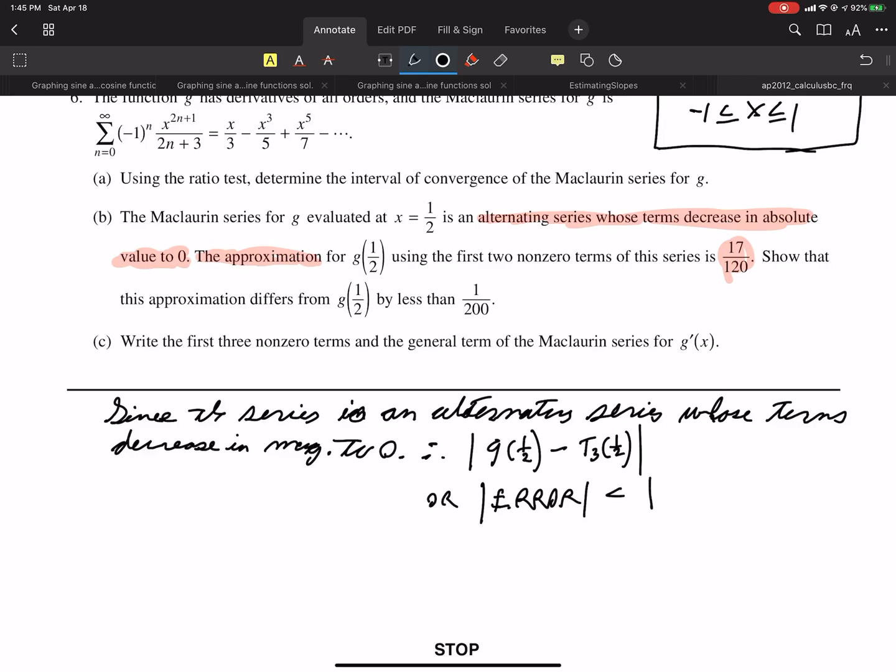So we're going to do 1/2 to the 5th over 7. And that hopefully is less than 1 over 200. So you could do that. 2 to the 5th power, what is that? 4, 8, 16, 32. 32 times 7 is definitely bigger than 200, so we're good.